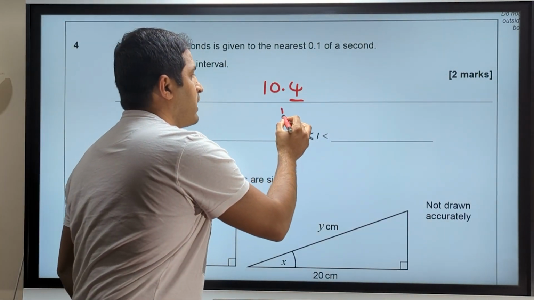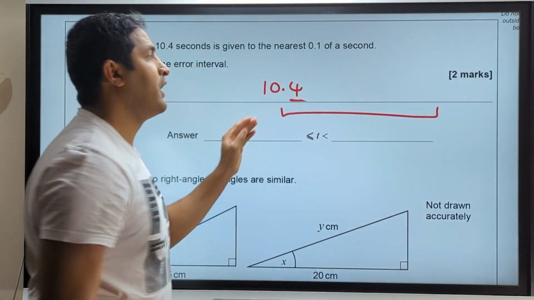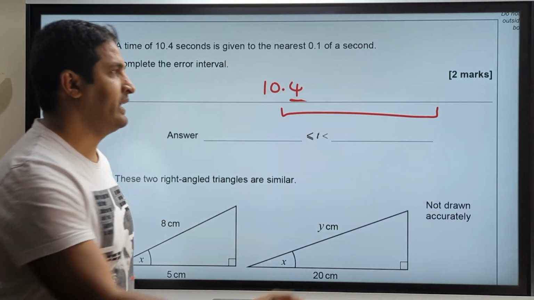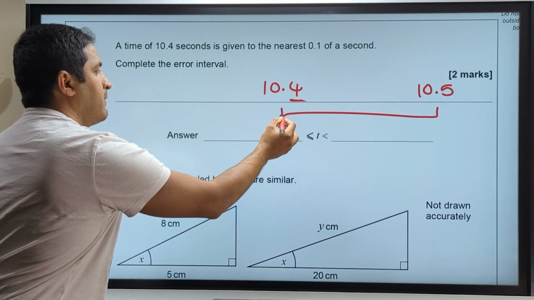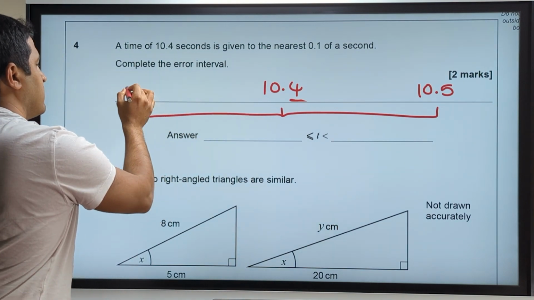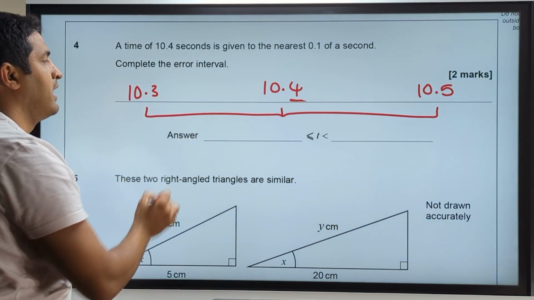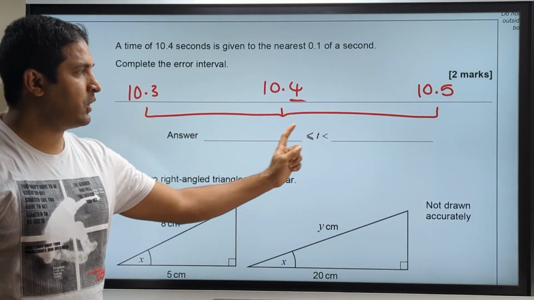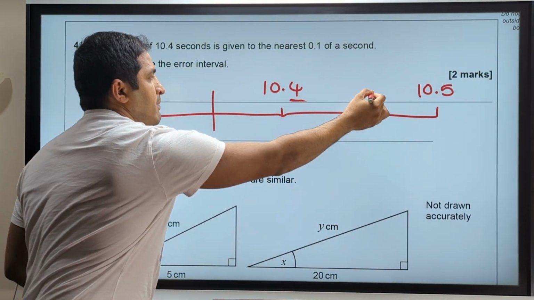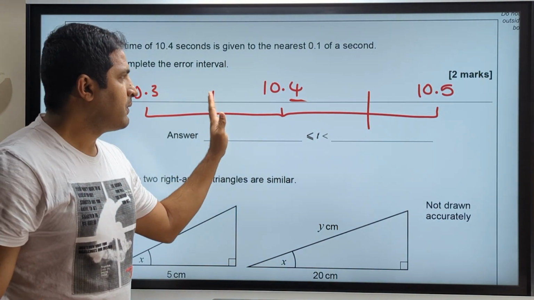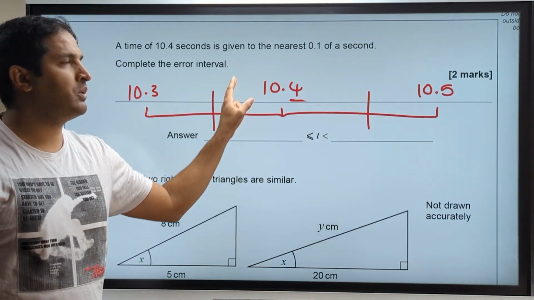I generally look at the next number at one decimal place, which is 10.5, and the number before that, which is 10.3. Now if I'm looking for the boundaries, lower bound and upper bound, these are my boundaries. So anything within these boundary lines will round to 10.4.